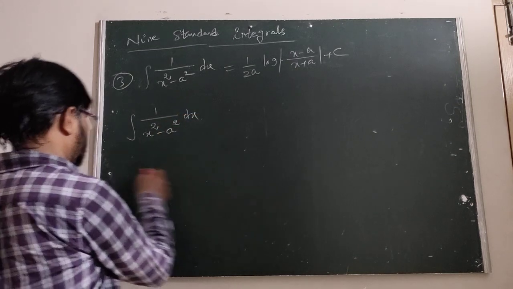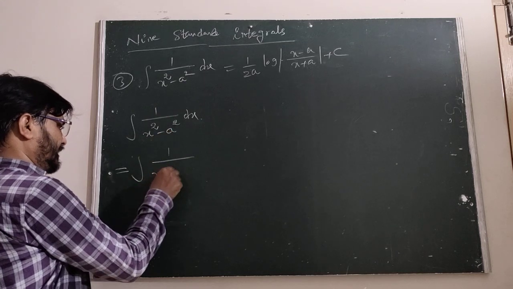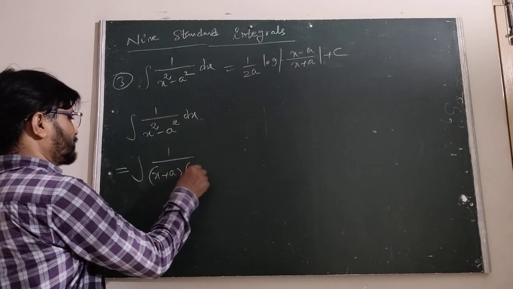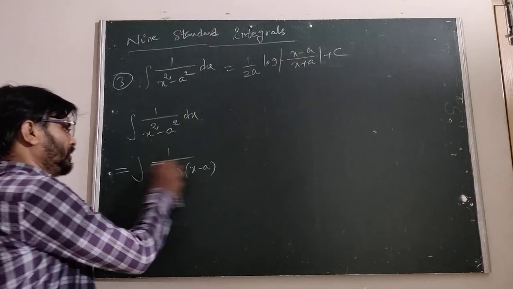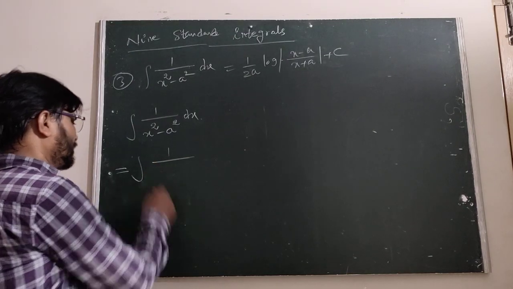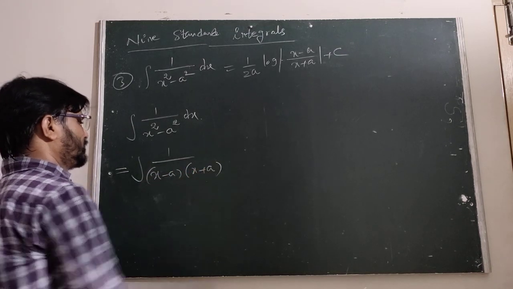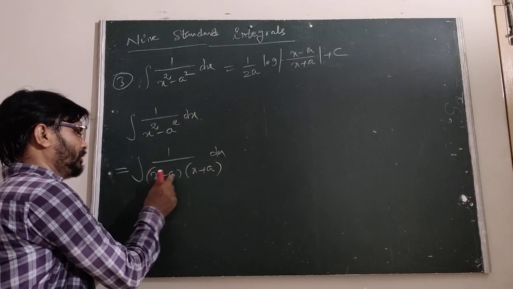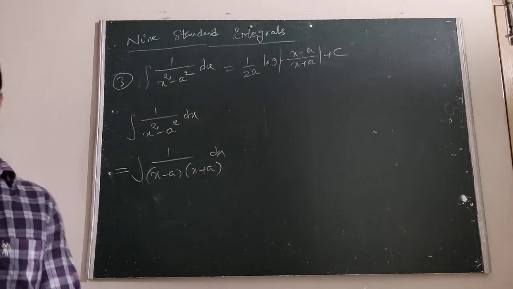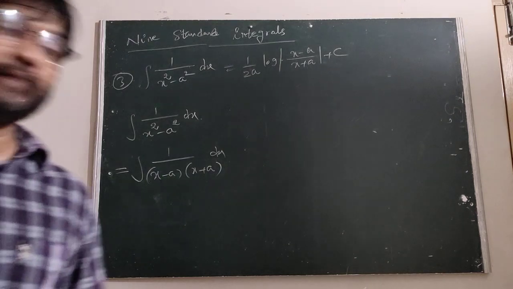We can write the integral as 1 by x plus a into x minus a. This is the formula of a minus b into a plus b, which is a square minus b square.